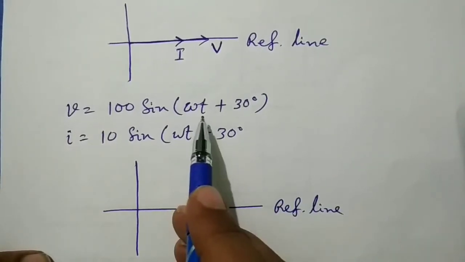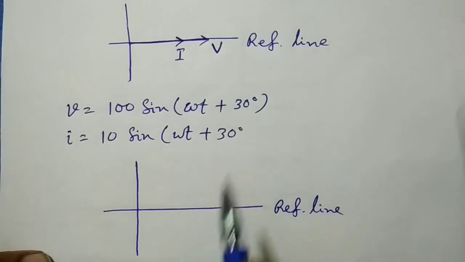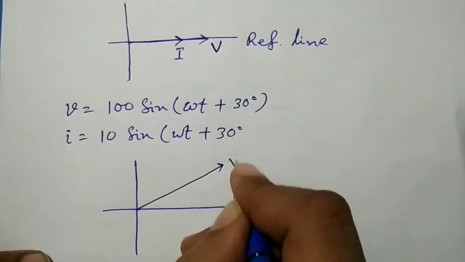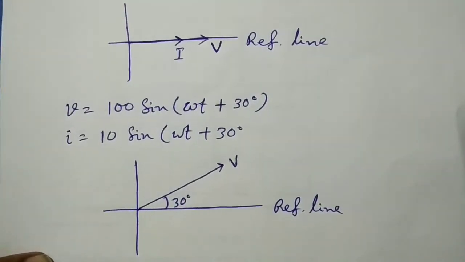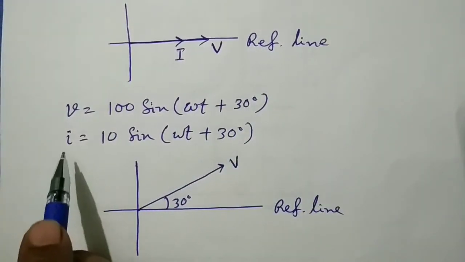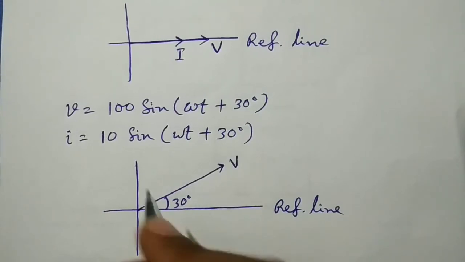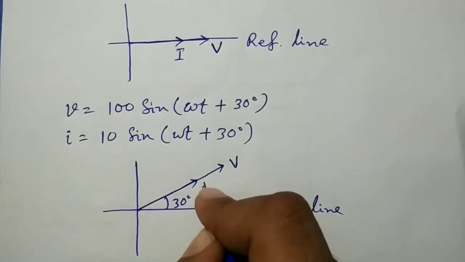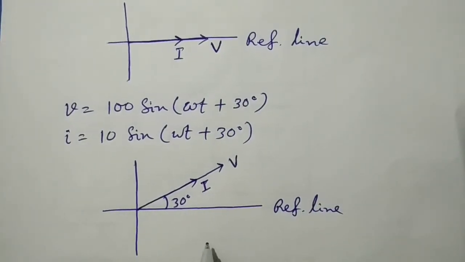At time t equal to 0, the phase of the voltage will be plus 30 degree, so it will be in the first quadrant. This angle is 30 degree. And at t equal to 0, the phase of the current is also plus 30 degree, so the current will also make a 30-degree angle with the reference line.